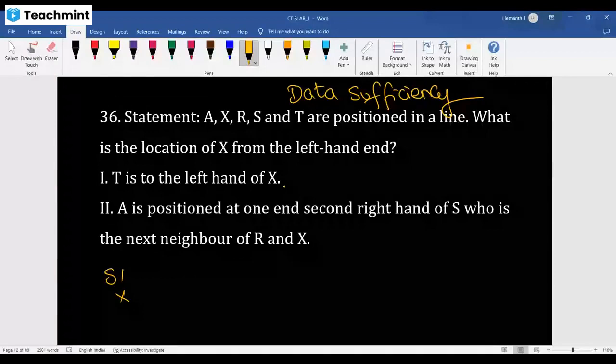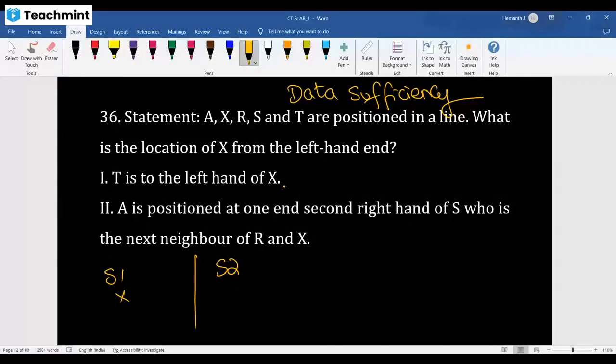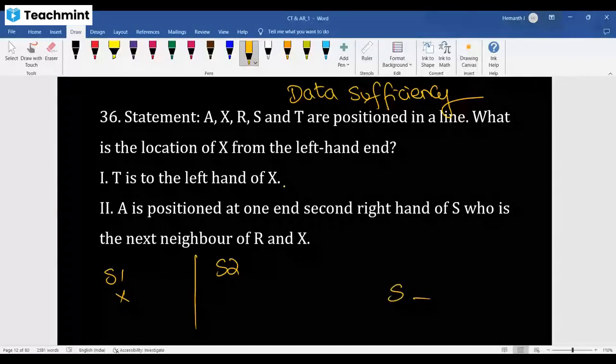Statement 1 alone, no. Statement 2 alone. A is positioned at one end and second to the right of S. So for S, the second right is A. Because of the word 'who', whatever comes next is related to S only.